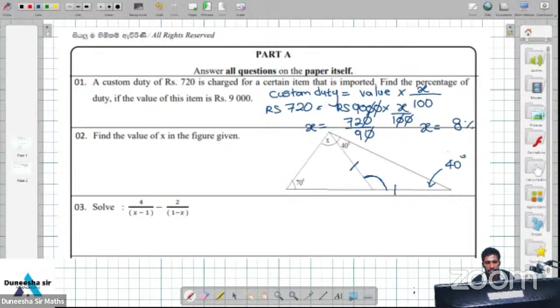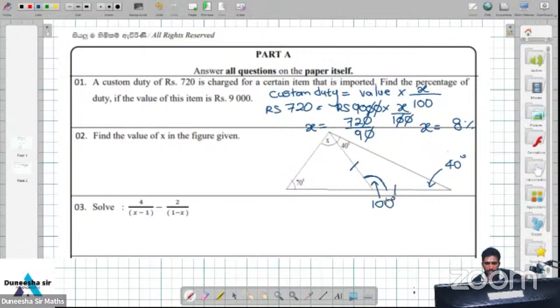It's 80. Then how much? Sehansa? How much? You know? It should be 100.